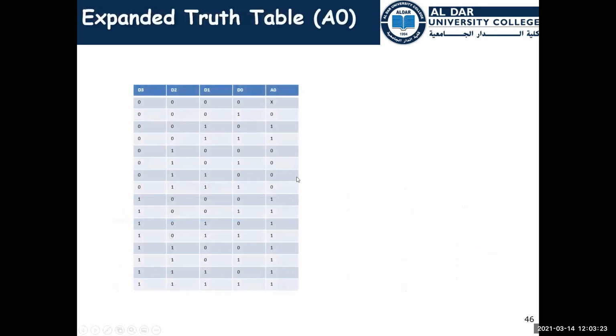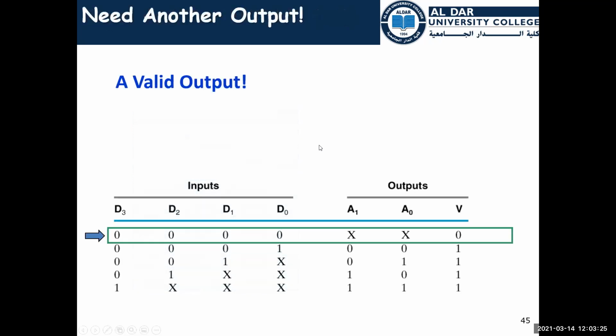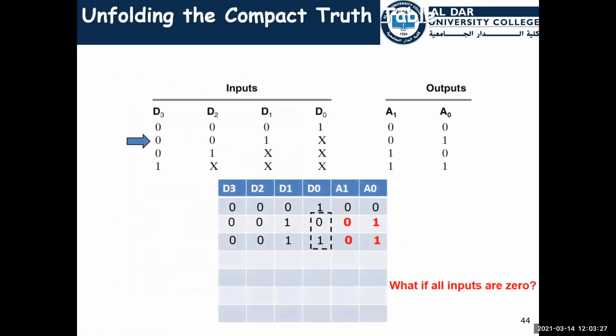And this is the expanded truth table that we have studied here. We started with only 3 entries. It is extended because this one will have 2 variables, either 0 or 1, but here we will have 4 variables.